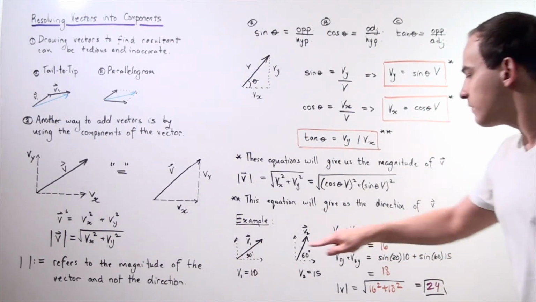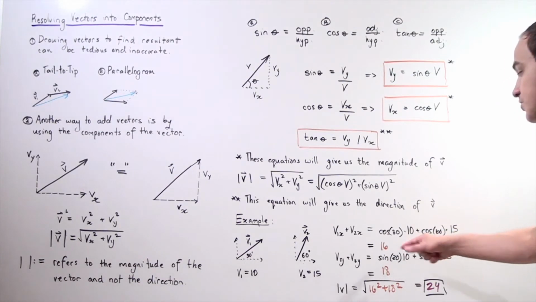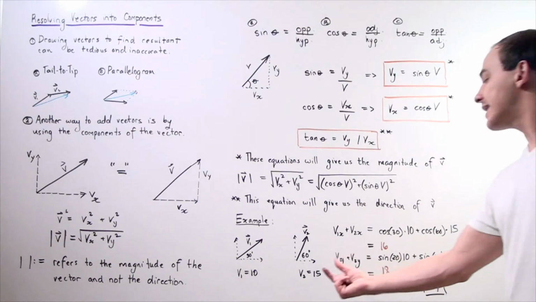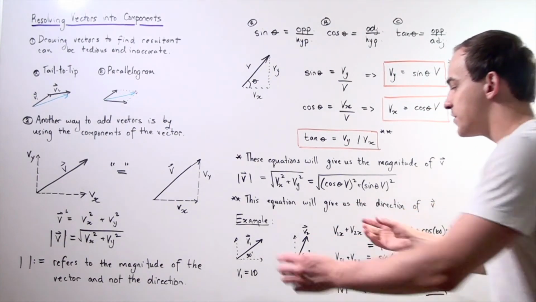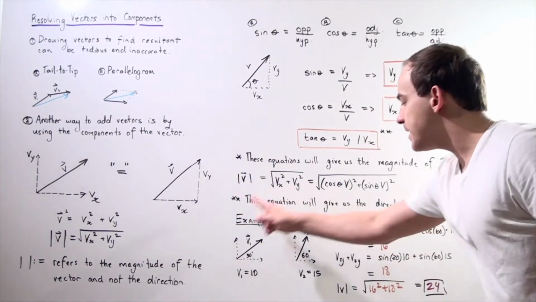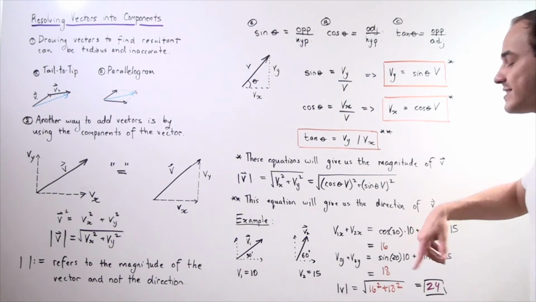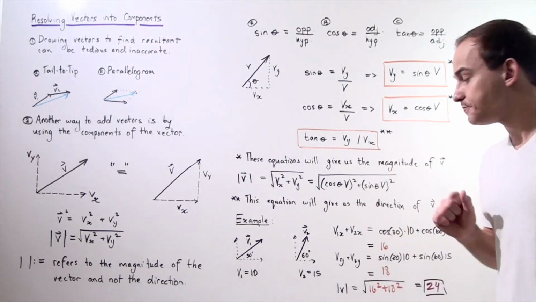So cosine of 30 multiplied by the magnitude 10, plus cosine of 60 multiplied by 15, the magnitude of V2, gives us the component of the combination of these two vectors along the x direction. That's about 16.16, so we'll say it's 16.